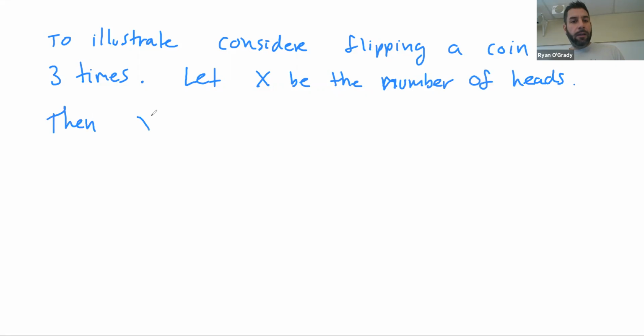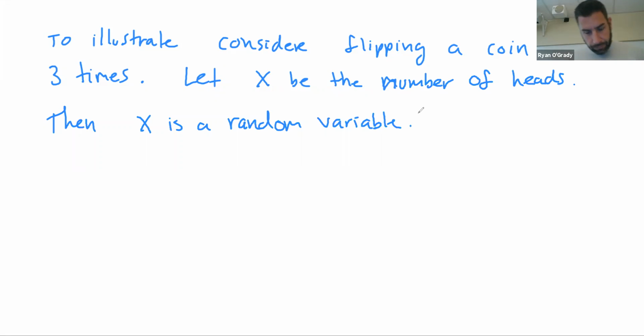Then X is a random variable. So remember, a random variable is a function whose inputs are elements of the sample space, and then its output is a numeric value.